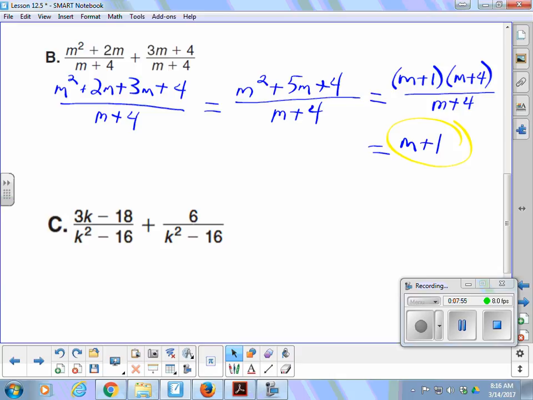They have common factors that you can cancel. So what do you have left then?